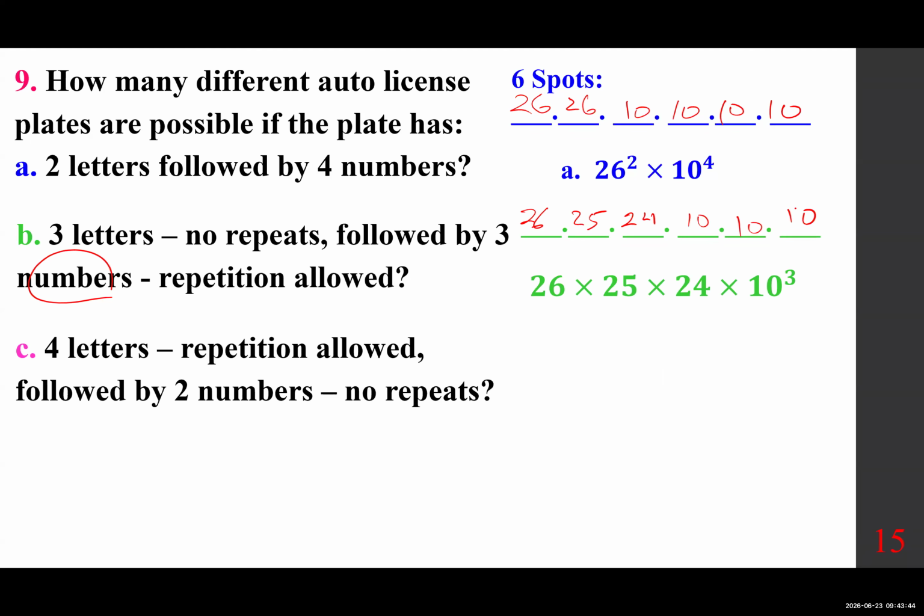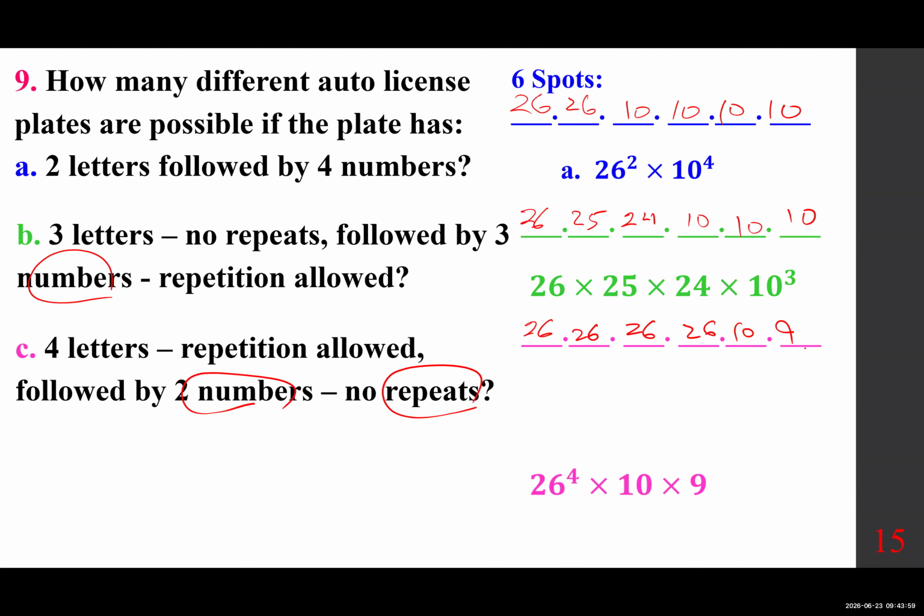Four letters, repetition allowed, followed by two numbers. Well, four letters, 26, all of them, no restriction. And then two numbers, no repeats: one of them is 10, the other one must be 9. So 26 to the power of 4 times 10 times 9.